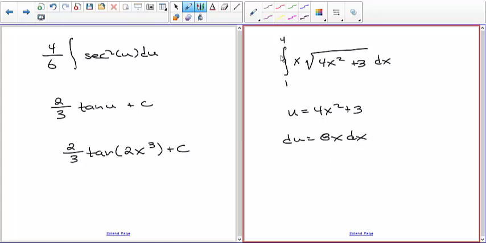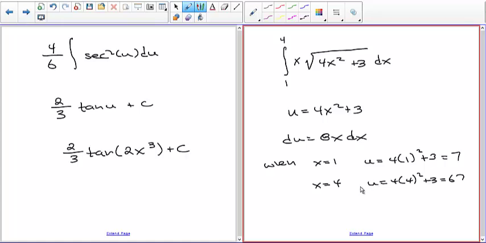Now, because we're doing a definite integral, we're not going to substitute back in. We're going to change the limits. So when x equals the lower limit, u equals 4 times 1 squared plus 3, which is 7. And the upper limit for u equals 4 times 4 squared plus 3, which is 67. Also, x dx is equal to du divided by 8.